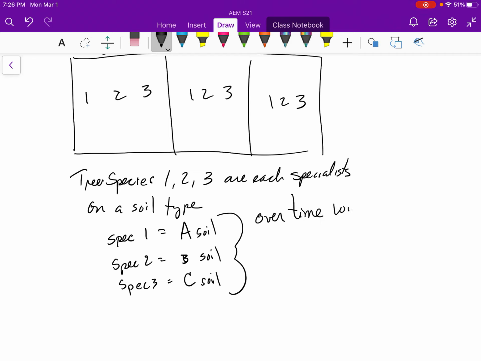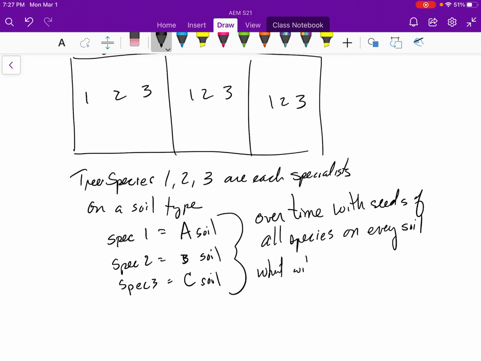Over time, with seeds of all species on every soil, what will the mature trees look like? What will the mature composition be?